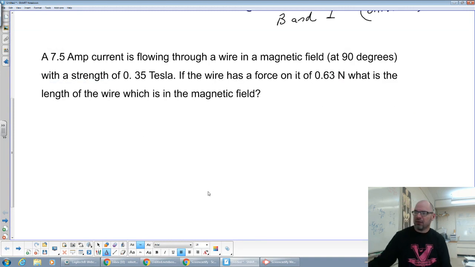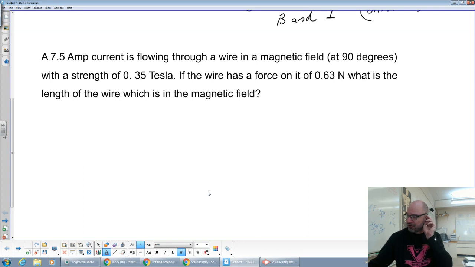Say a 7.5 amp current is flowing through a wire in a magnetic field at 90 degrees with a strength of 0.35 Tesla. Remember, the magnetic field is measured in Tesla and current is measured in amperes, or amps for short. If the wire has a force on it of 0.63 newtons, what is the length of wire which is in the magnetic field? So we're solving for L in this case.